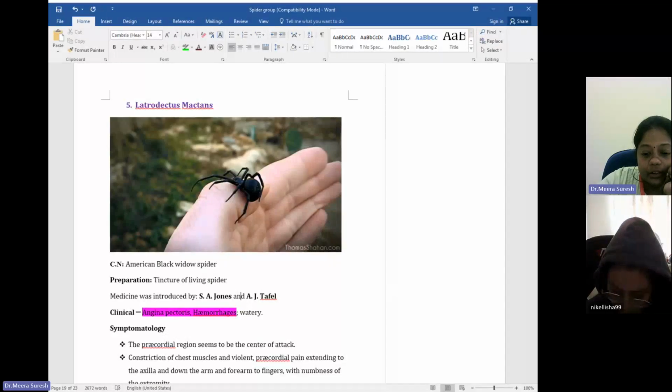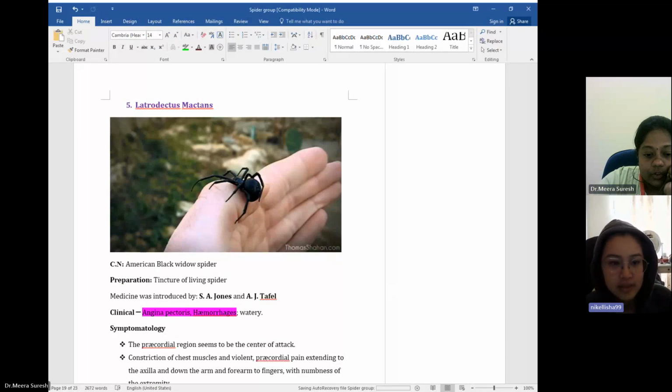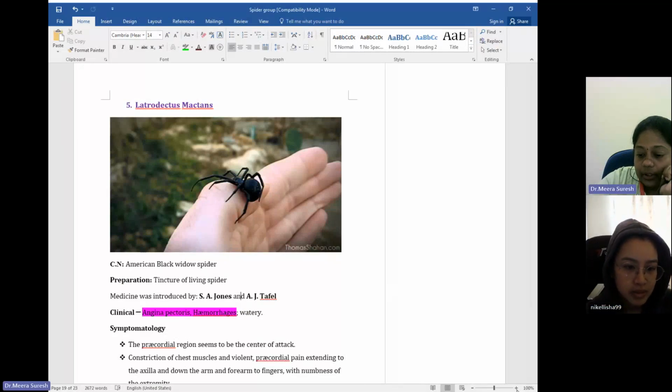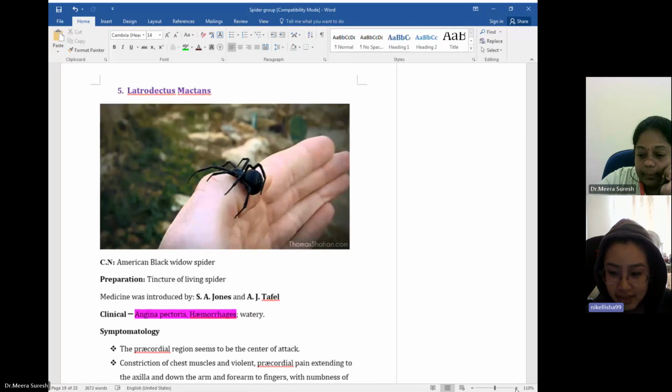So we'll go through the individual drugs in the spider group. Okay, you're seeing the document now. Yes.